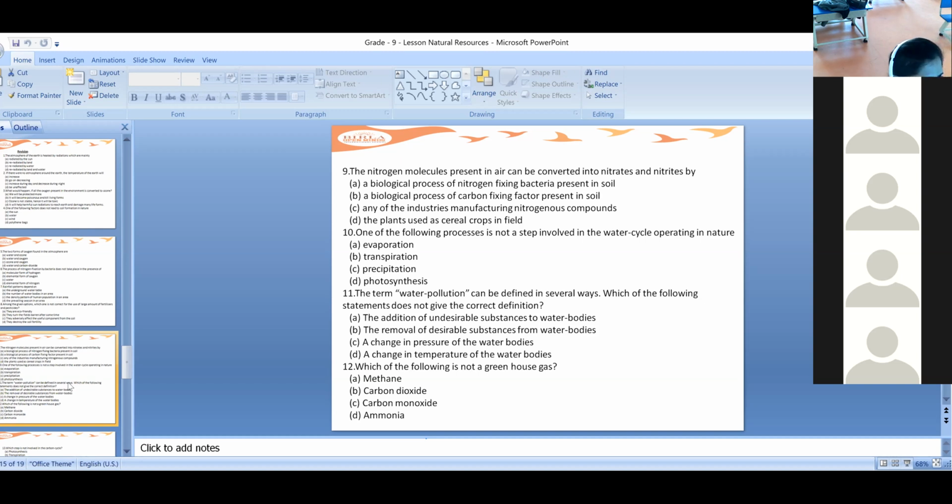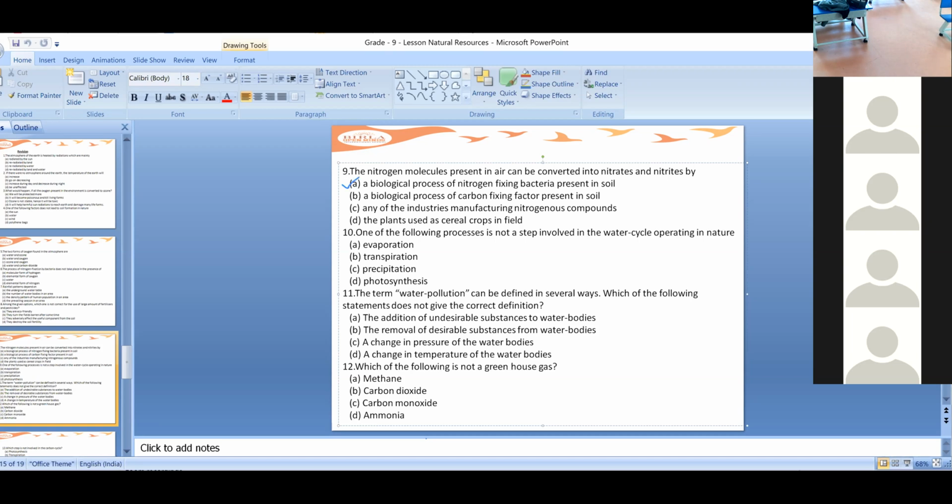For answering this question, you have to keep in mind what the question is. We are searching for how nitrogen molecules present in air are converted into nitrates and nitrites: by a biological process of nitrogen fixing bacteria present in soil. Yes, good. So the answer is A.